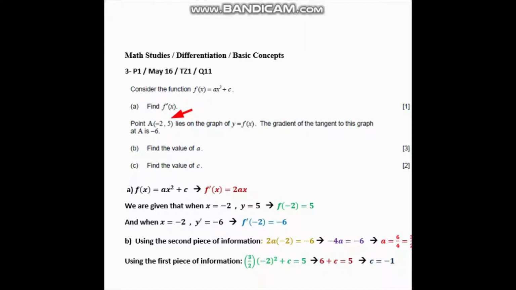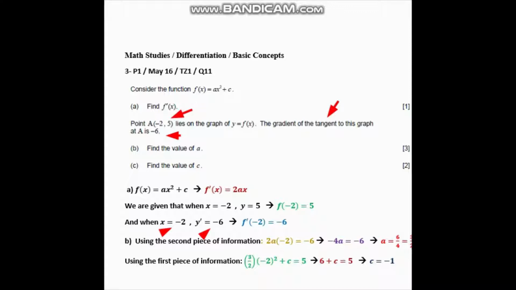The second given is that the gradient of the tangent to the graph at A is negative 6. So at A, or when x equals negative 2, which is the x coordinate of A, we know that the gradient is negative 6. In other words, y dash has to give me negative 6.